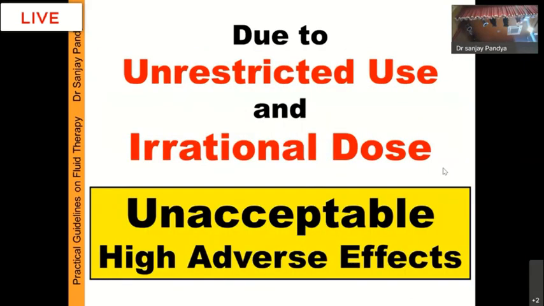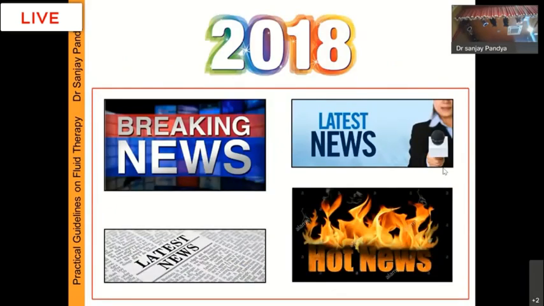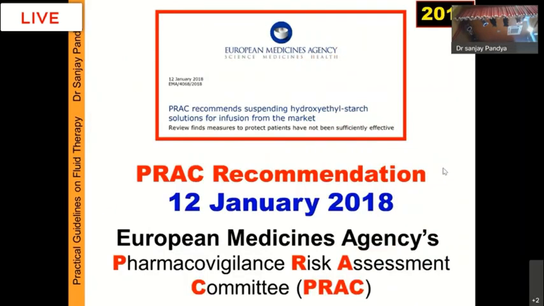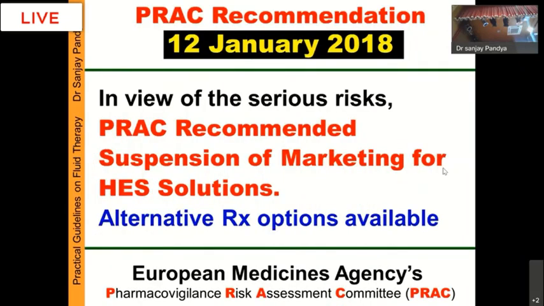But it was irrationally used all throughout, and subsequent data says that unrestricted, irrational dosing has led to unacceptably high adverse effects. So what was the breaking news in 2018? That in January 2018, it was banned from the market.